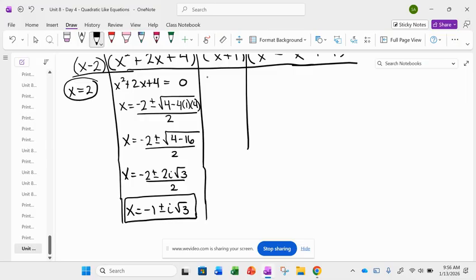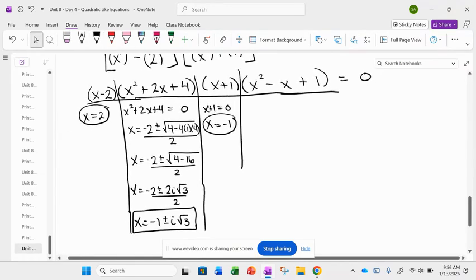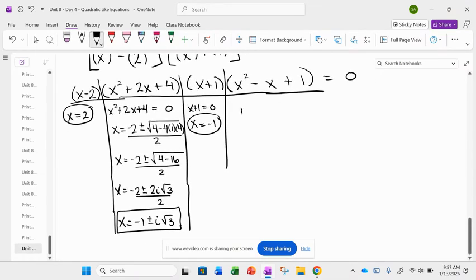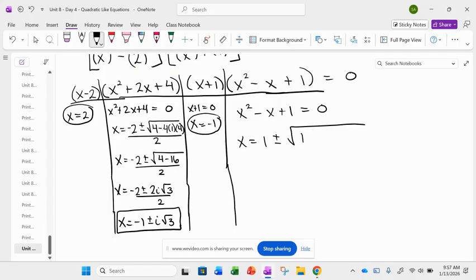All right, next one, we're going to have x plus 1 equals 0, so x equals negative 1. That's your 4th solution, so we need 2 more solutions. So here we have x squared minus x plus 1 equals 0. And I'm going to use quadratic again. X equals negative b, so that's a positive 1, plus or minus the square root of b squared, which is 1, minus 4 times a times c, which is just a 4, all over 2a.